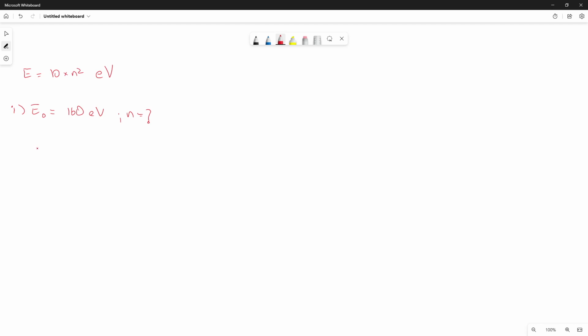Four. Very good. So how do we solve it? Essentially, n is equal to (E divided by 10) whole power half, under root. Let us try to make it as unambiguous as possible. E divided by 10, power half. So that is (160 divided by 10) power half, and that is equal to 4. Very good.